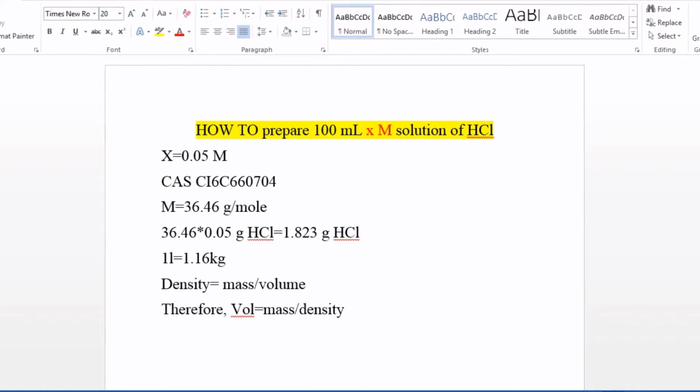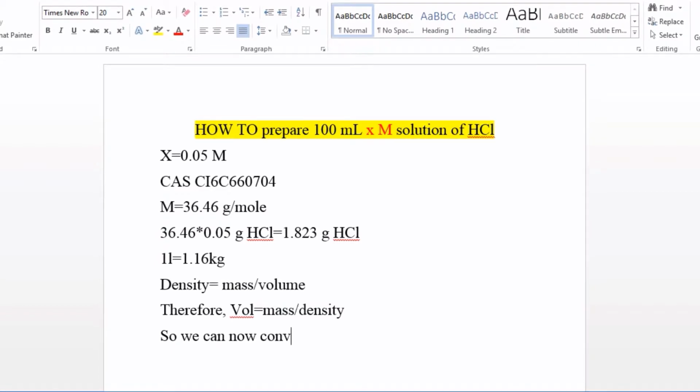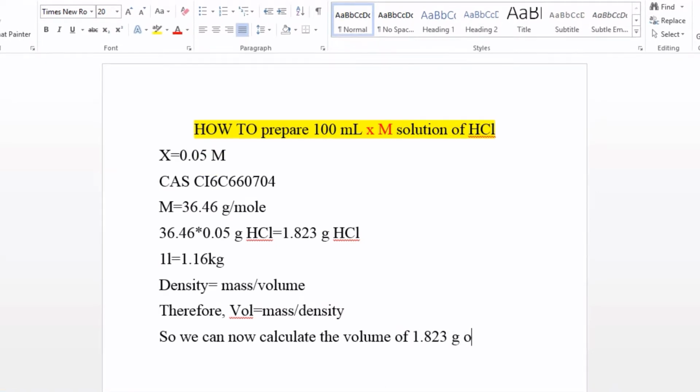So we can now calculate the volume of 1.823 gram of HCl.